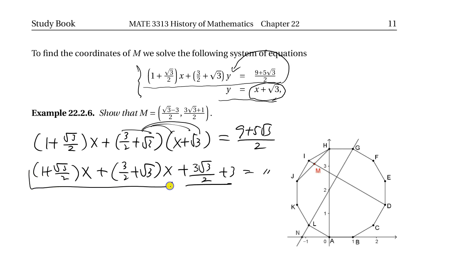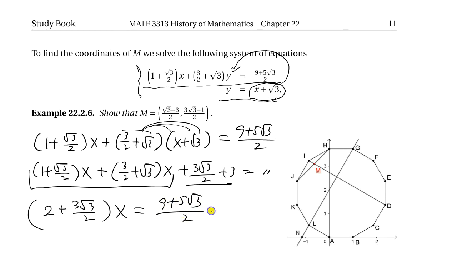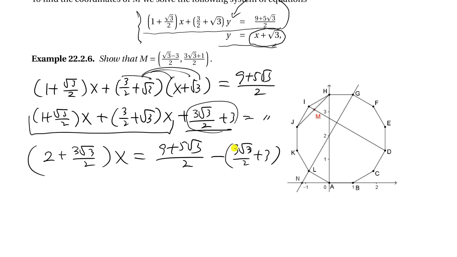So we need to put this together, which is 2 plus 3 square root 3 over 2, times x equals 9 plus 5 square root 3 over 2 minus this. So please do a simple calculation.